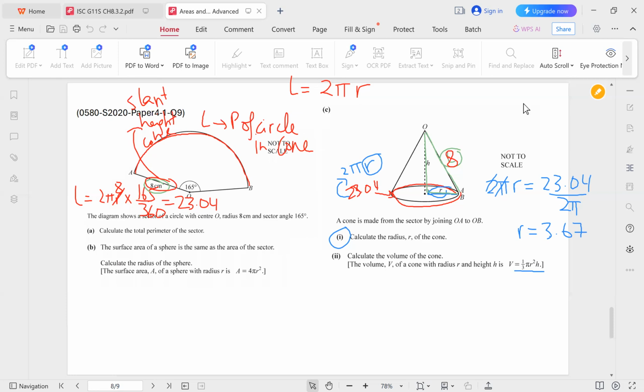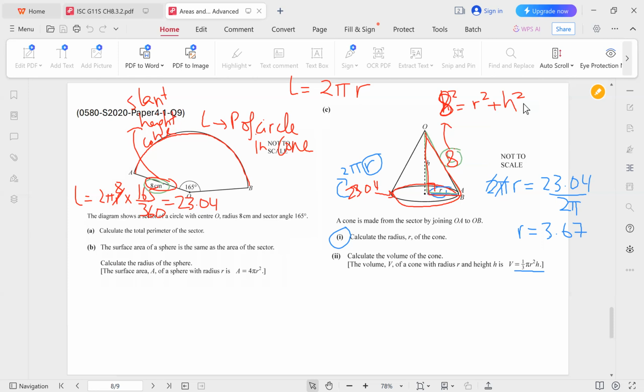Now that we have the 8 and the r, we can get the h using the Pythagorean theorem. You can say 8 squared equals r squared plus h squared. I apologize for this mistake. Regular Pythagorean theorem, this is a right angle triangle here. So the hypotenuse squared, which is the 8, is equal to the other 2 sides squared added to each other.